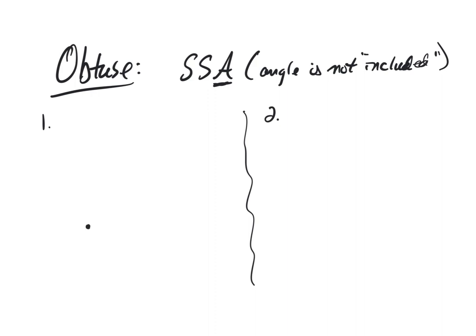So if I have an angle located here at point A, and the angle is obtuse, greater than 90 degrees, now, because the angle is not included, one of the sides that makes up the angle is going to be unknown to us.